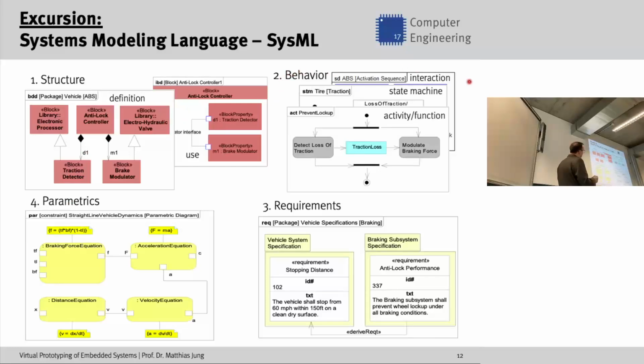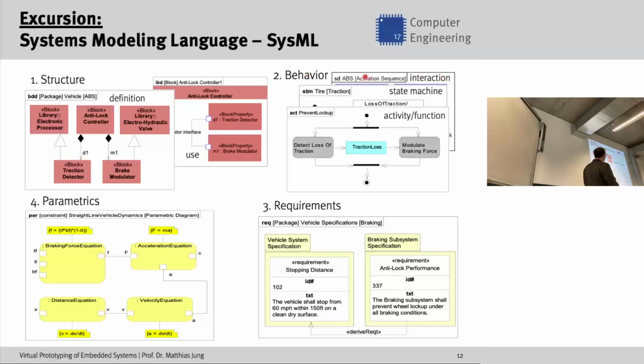You can model behavior, and there are different things. There is a so-called activity chart that borrowed basically the semantics from Petri nets, so it's pretty similar. You also have the possibility to model state machines, and there is also an interaction scheme.